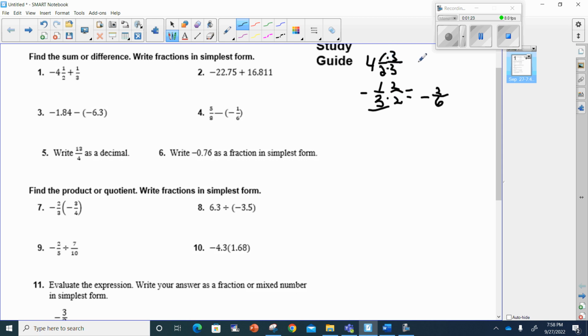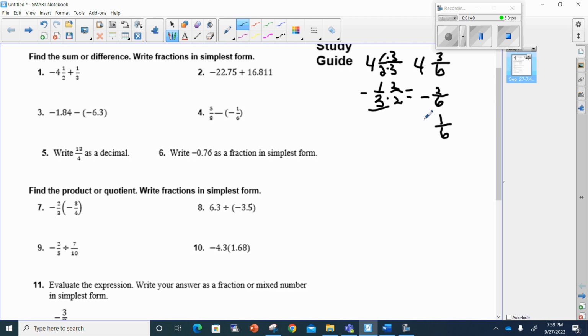This is going to make this a 4 and 3/6. 1 times 3 is 3. 2 times 3 is 6. Now my denominator is the same, so I can subtract. 3 minus 2 is 1. 6 stays the same.